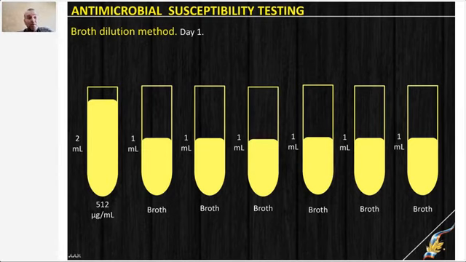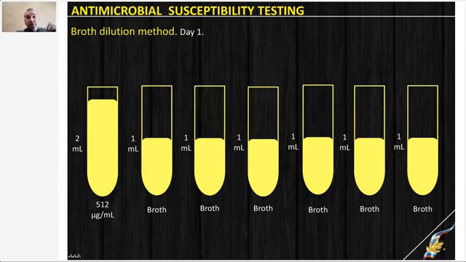Of course, you will dilute it in twice, 1 milliliter of empty broth plus 1 milliliter of your solution, concentration will decrease in twice. And in the first test tube, you will have 512 micrograms per milliliter. It is the highest required concentration.